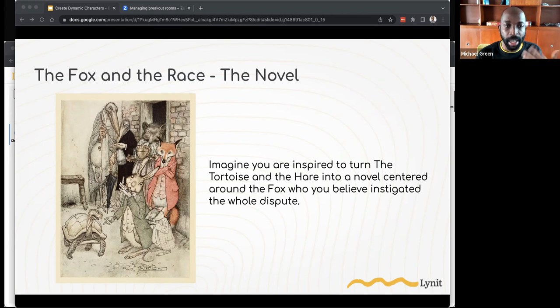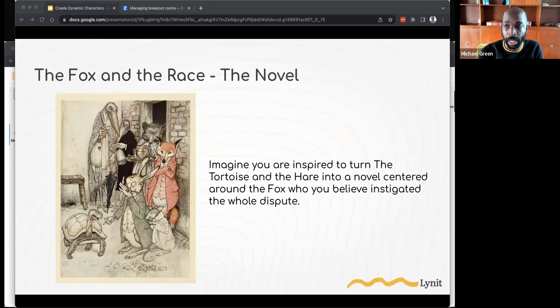In this case, we're going to focus on the fox, who isn't talked about at all in the original Tortoise and the Hare story, but we want to center them as the main character in a story that is really about the fox, because the fox is the one who instigated the whole dispute between the tortoise and the hare. This is a great context for talking about character structure.